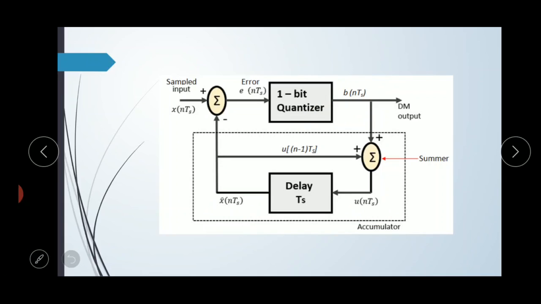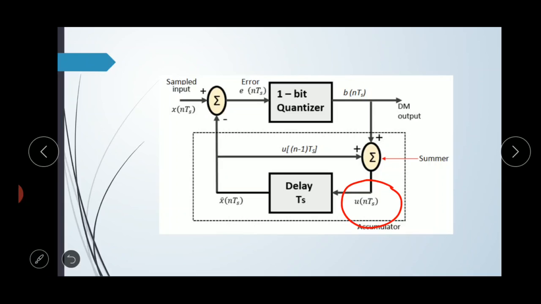Okay, then the previous sample approximation u of (n-1)Ts is obtained by delaying one sample period. If this one is the present sample, then we just delay it for one sample period.